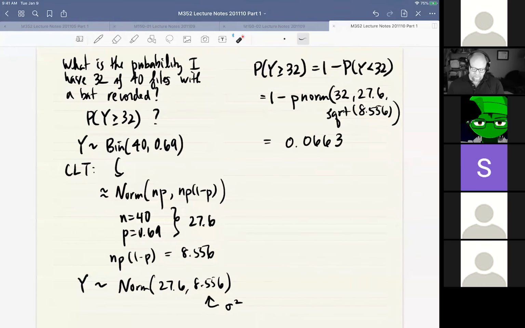With 32, I'm asking for more, but not quite a full variance more. The standard deviation is probably less than 3, so it's more than 1 standard deviation away. The further away I get from the mean, the less likely it is. That doesn't surprise me too much. It seems a little low, but it doesn't surprise me.